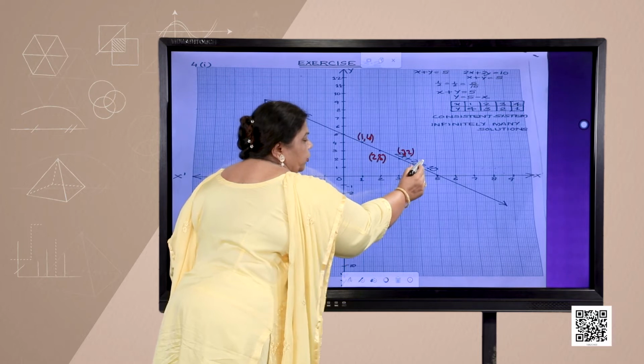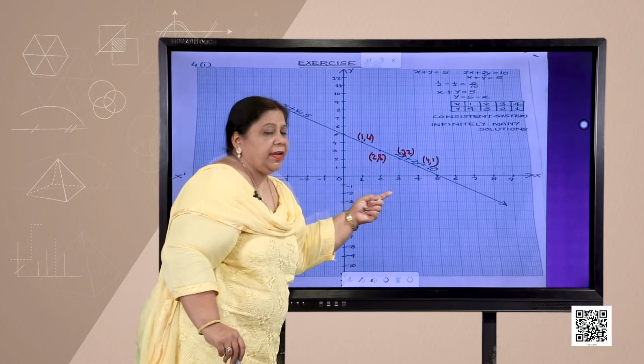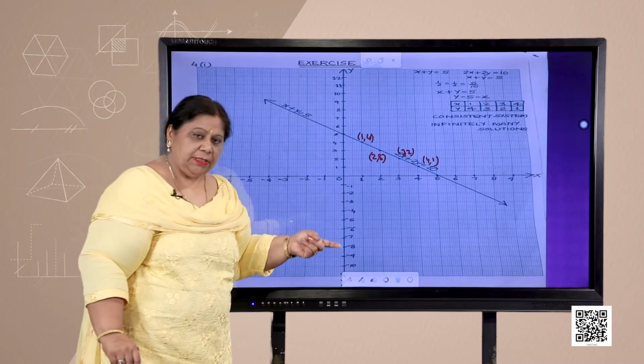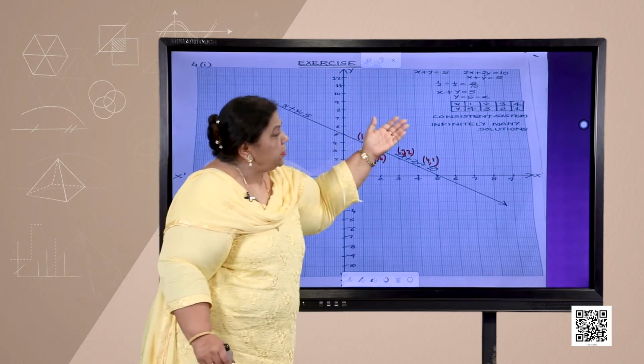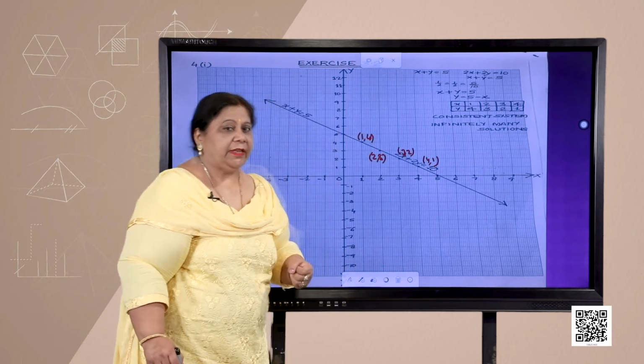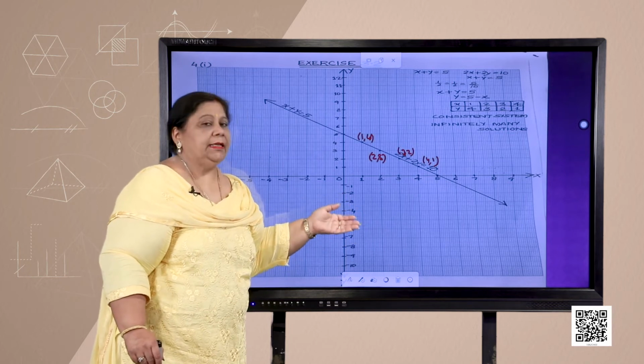This point is 4, 1. And by joining these points, we get the graph of these linear equations, x plus y is equal to 5 and 2x plus 2y is equal to 10. We can see that the lines are coincident. Now, let us see the next question.